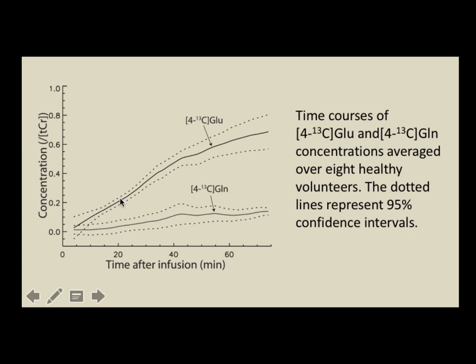We can see it keeps going up for the glutamate. At the end of the infusion, over 60% of the glutamate carbon-12 were replaced by carbon-13. So from this figure, we can see the turnover rate of the carbon-13 from glucose to glutamate. So we basically have a measure of the metabolism.